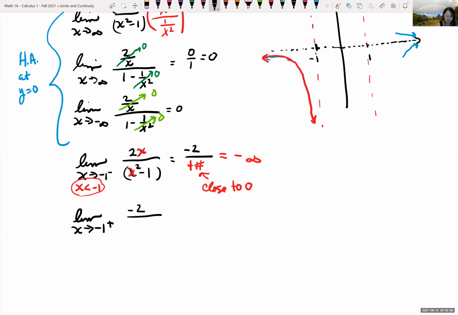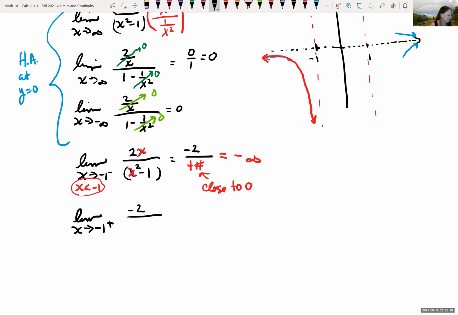I can't have 0 in the denominator. So if I plug in negative 1, I get negative 1 quantity squared, which is 1, and 1 minus 1 is 0. So I'm choosing numbers that get close to negative 1, but this time on the right-hand side. So like negative 0.9, negative 0.99999.